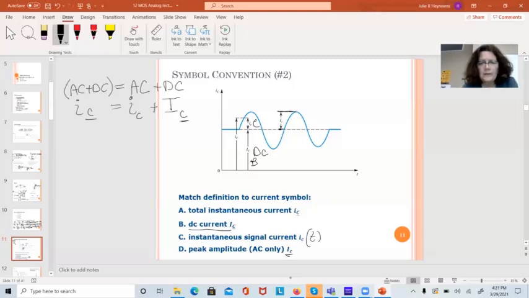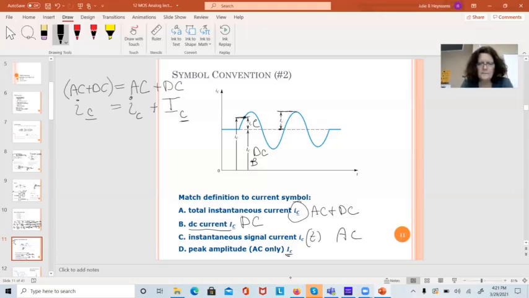And the total instantaneous current at any given piece of time is little i, little c. This is the AC plus the DC part of this, and that is right up here. So that's the total current at this particular point in time. Little i, little c. This is what I call DC, and this is what I call AC.